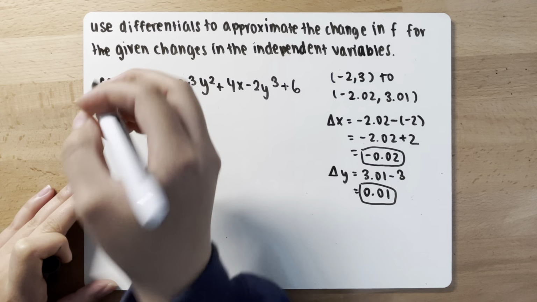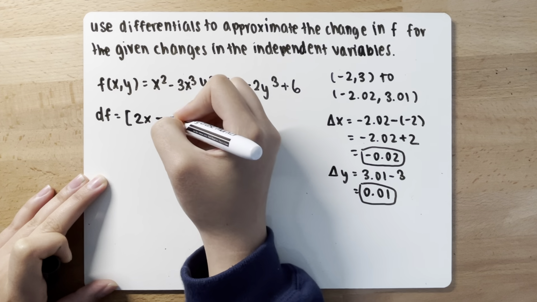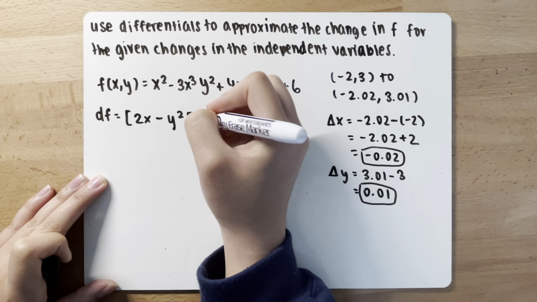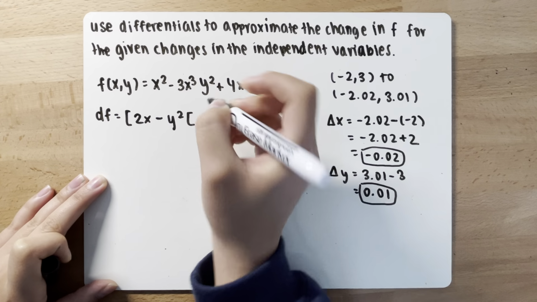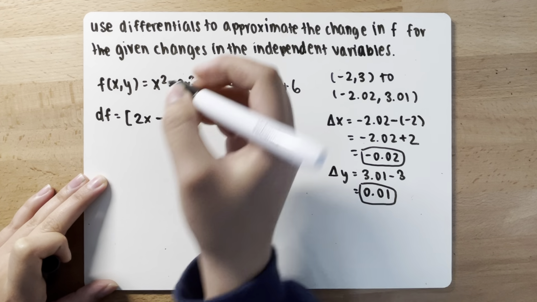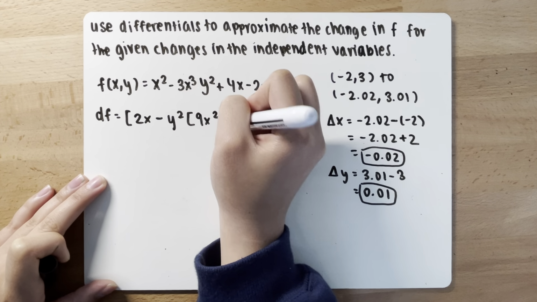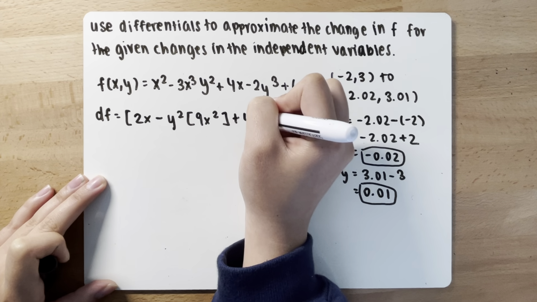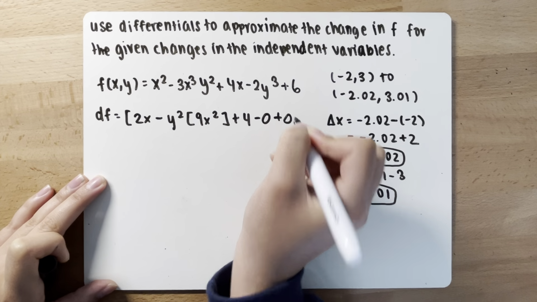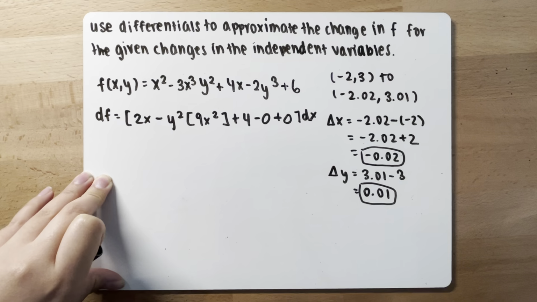So 2x minus y squared times 3 times -3 is -9. But since you already used a negative for the y, it will be 3 times 3, which is 9x squared y squared, plus 4, and then plus 0, because the derivative of any constant will be 0. This will be dx.